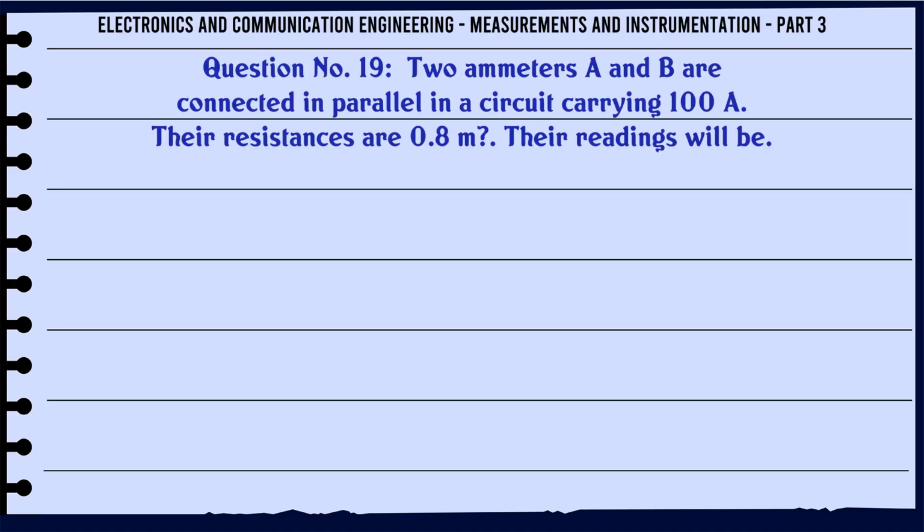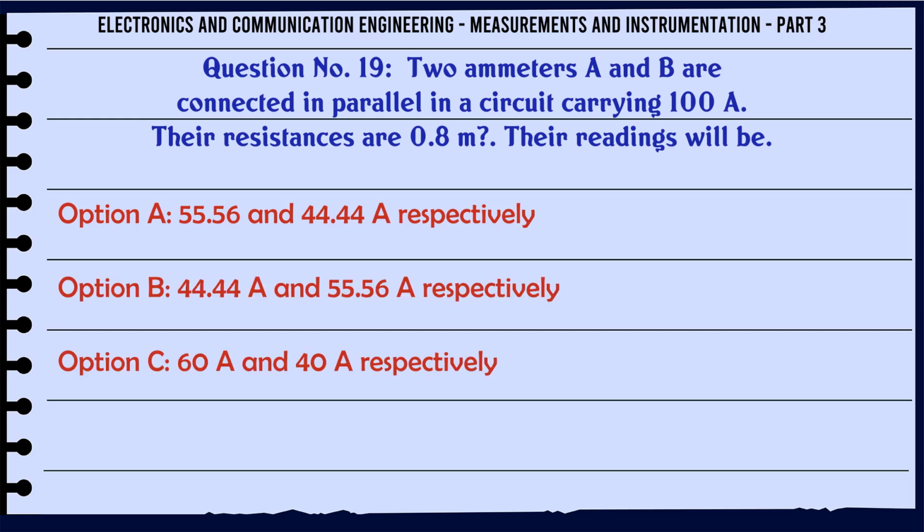Two ammeters A and B are connected in parallel in a circuit carrying 100 A. Their resistances are 0.8 milliohm and 1 milliohm. Their readings will be: A, 55.56 A and 44.44 A respectively; B, 44.44 A and 55.56 A respectively; C, 60 A and 40 A respectively; D, 40 A and 60 A respectively.